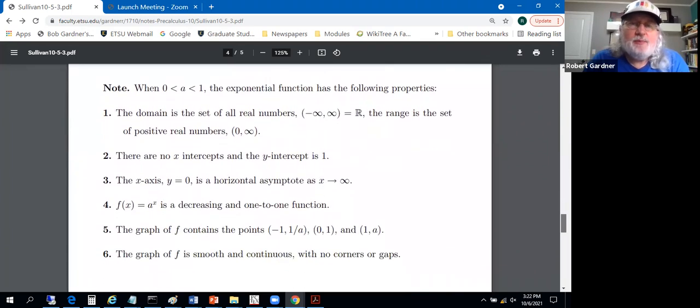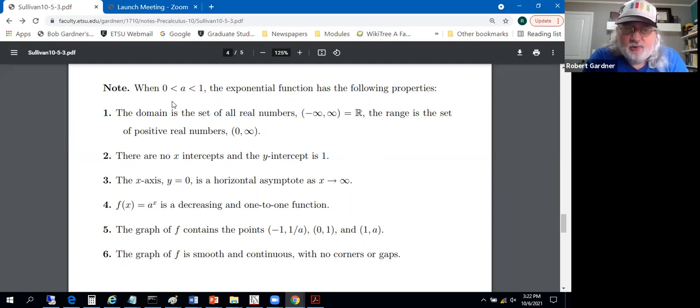So here's some properties of exponential functions. f of x equals a to the x, where a is less than 1. And remember, we had to keep a positive for various reasons. We can't raise 0 to the 0 power. We can't raise negative numbers to irrational powers. That's not even defined.